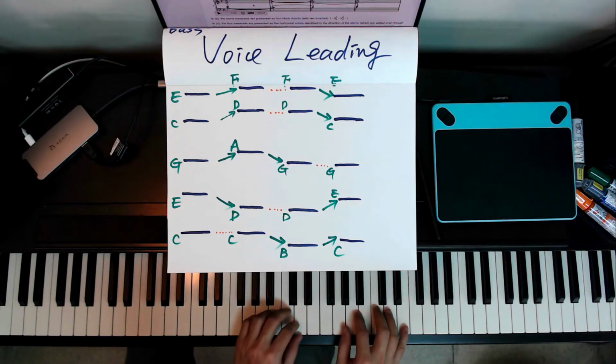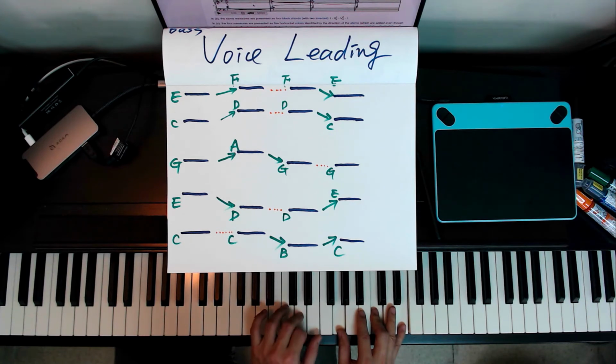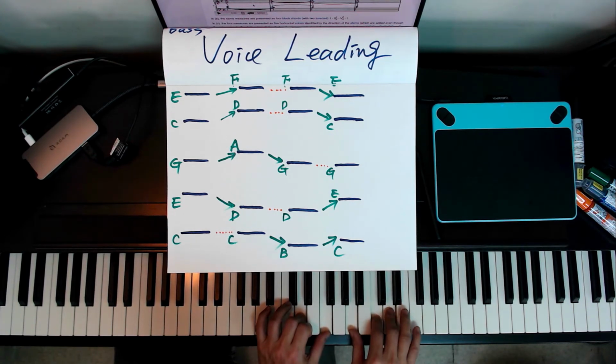So if I play the Bach Prelude in C in another voice leading way, let me try. This is the first major, but if I choose this, this is also D minor 7, right? But I go up.